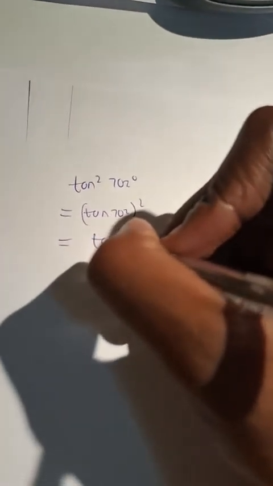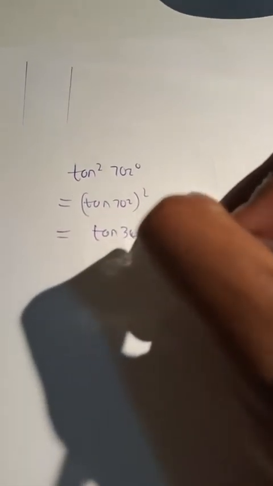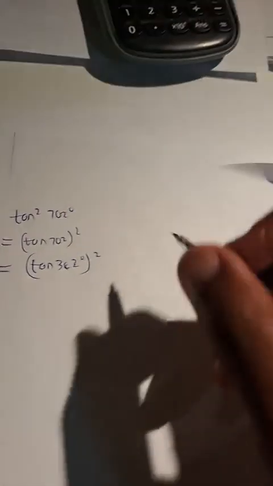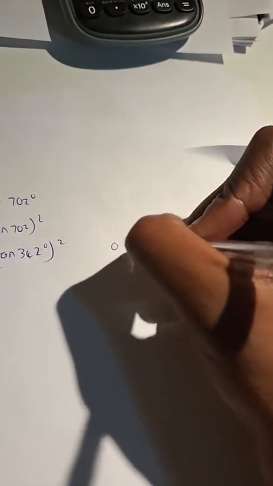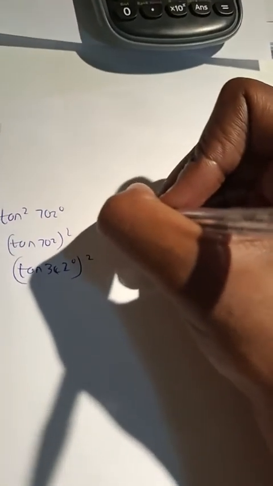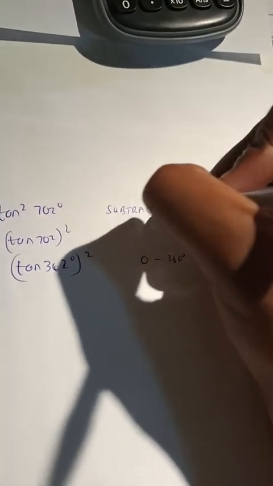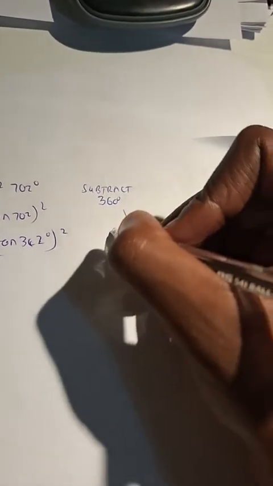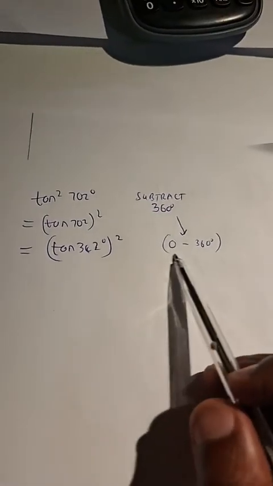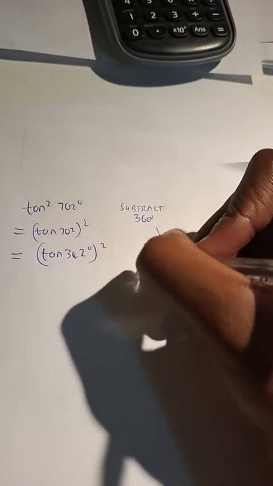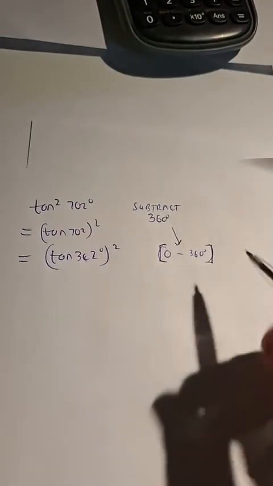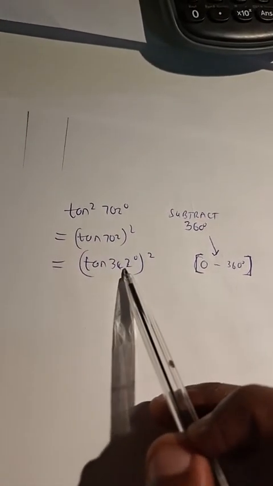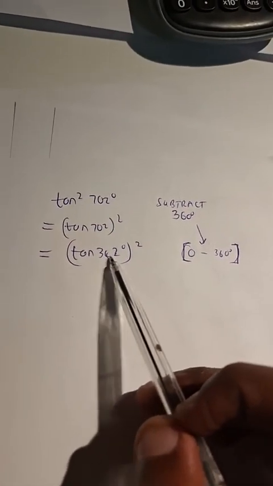So we get tan 342 degrees. The whole point, guys, of subtracting 360 is to get into the interval 0 to 360, so that we can reduce this angle using a function value that we know.